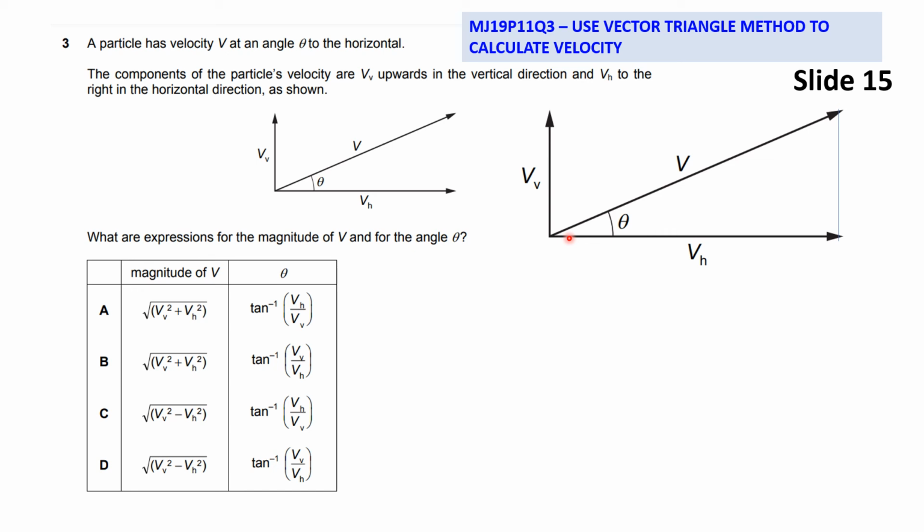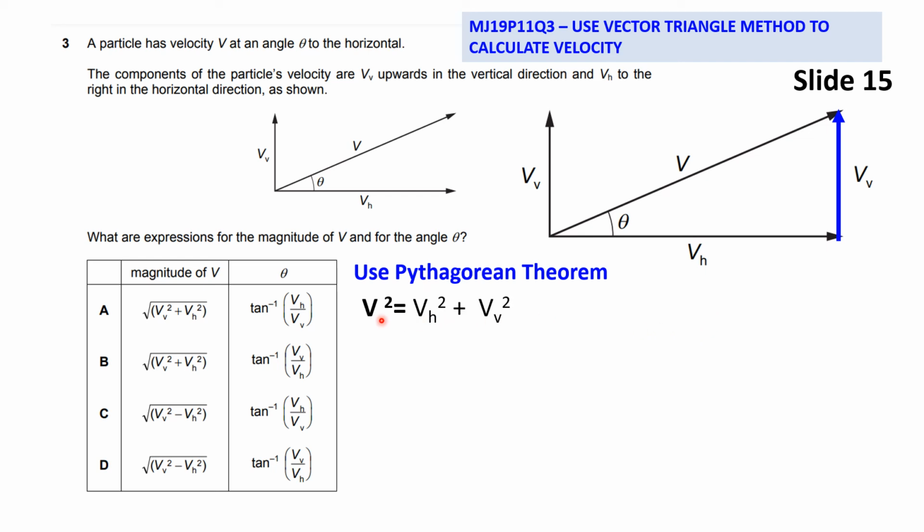So my next step is to close this right triangle, and I'm going to move my vertical velocity right here. And now I'm going to use the Pythagorean theorem to calculate the magnitude of V. So V here is the hypotenuse, and VV and VH are the sides of this right triangle.